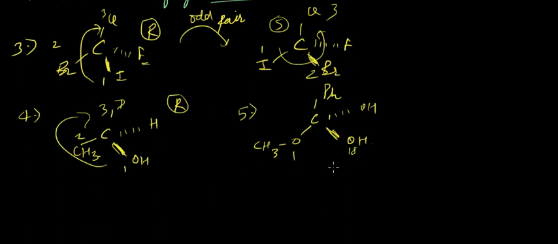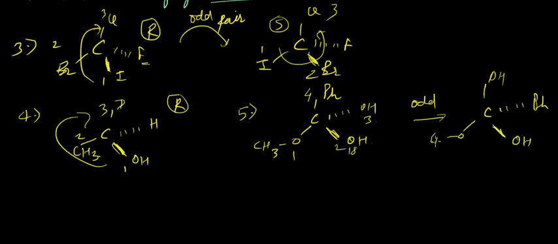So first priority group would be this, second would be this, third would be this, and fourth would be this. So phenyl should be in the dash position, so we are changing it. OH should be here, phenyl should be in the dash. OH is fine here and OCH3 is fine here. So now we have something like this. So this is S, hence we changed an odd pair of groups, so this would be R.